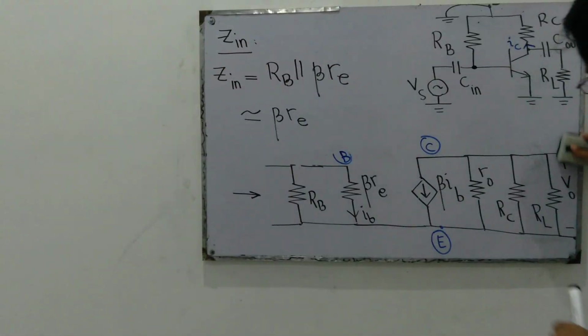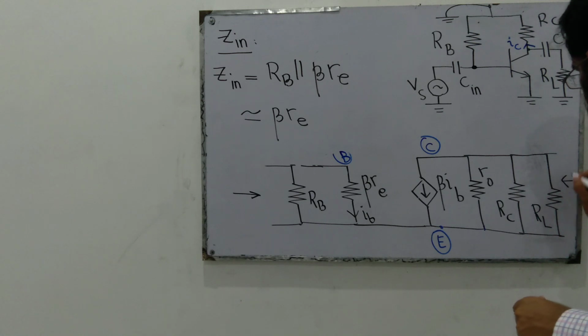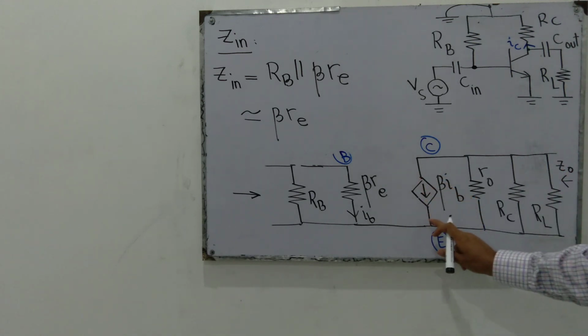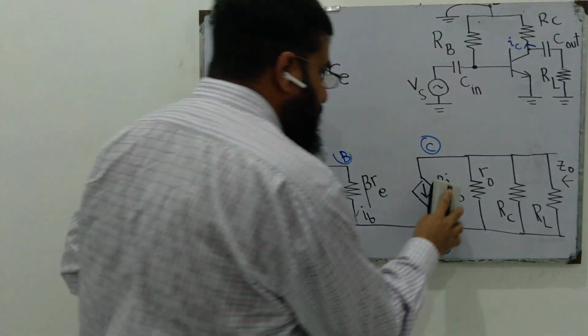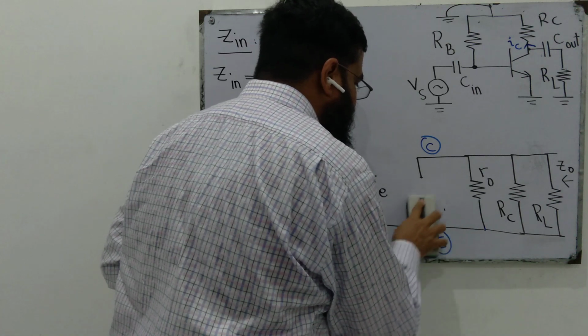What about the output impedance? To find the output impedance, we find it here, at C out. The internal resistance of this current source is very large, therefore we replace it with an open circuit.